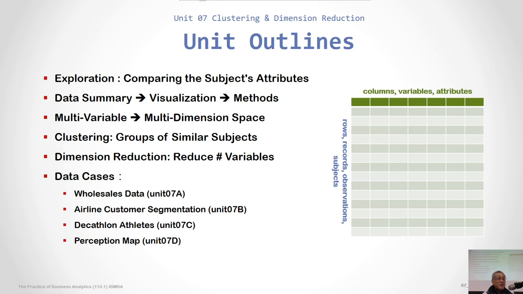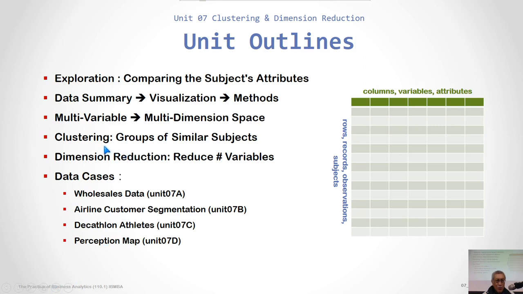The number of items that he has bought, right? That type of thing. What is his or her average order amount, right? So these columns are the variables, and they are the attributes of the subject, right? That's basically the data structure.